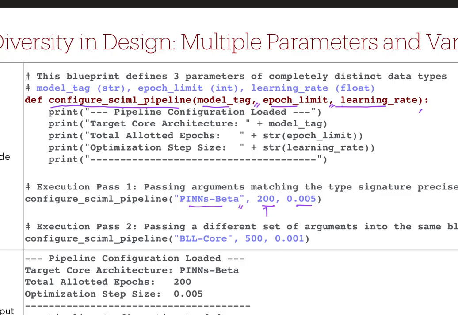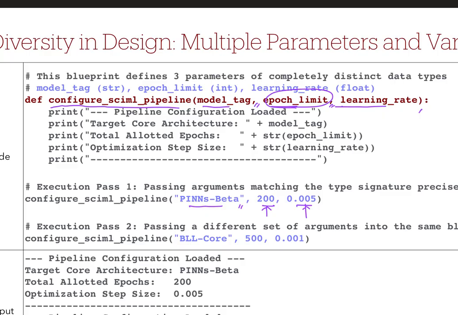If you provide an integer value, then the parameter corresponding to that integer value will be defined as an integer variable. If you provide a float number as an argument, then the parameter will be defined as a float variable. So depending on the values of the arguments, the types of the parameters will be determined.